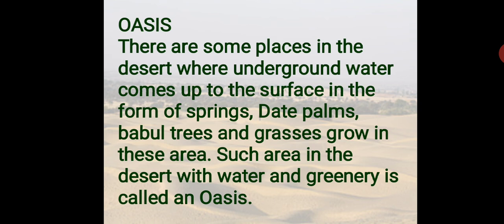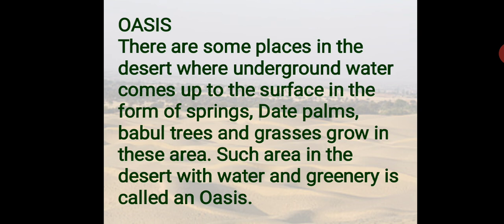There are some places in the desert where underground water comes up to the surface in the form of springs. Date palms, babul trees and grasses grow in this area. Such an area in the desert with water and greenery is said to be an oasis.